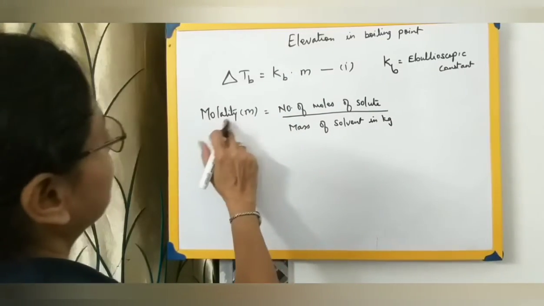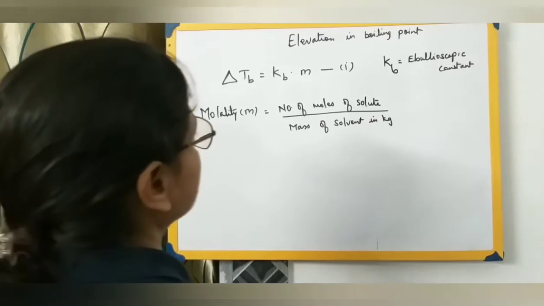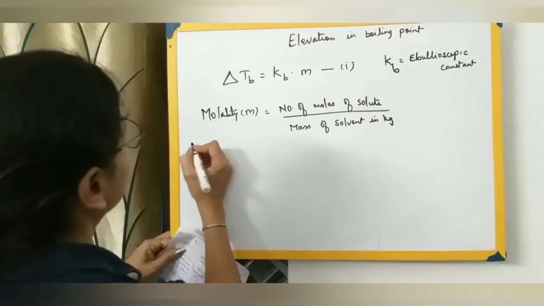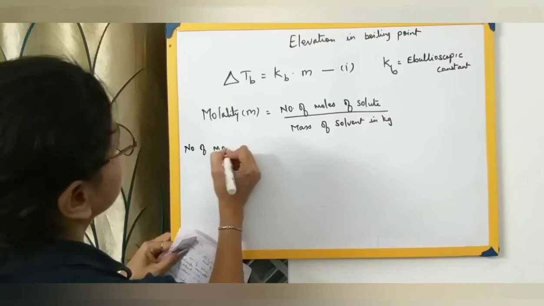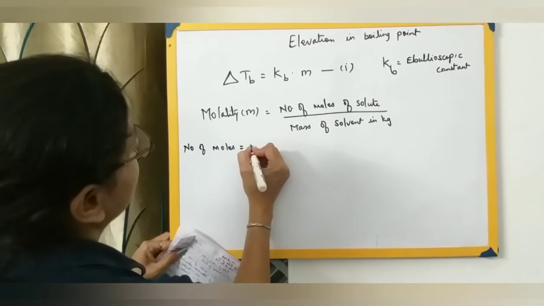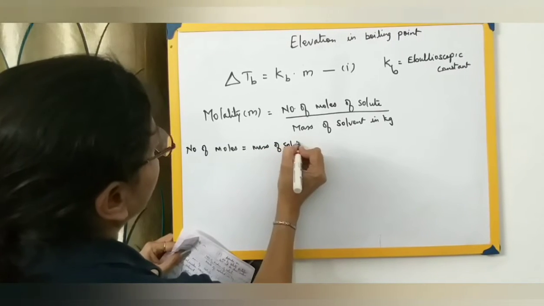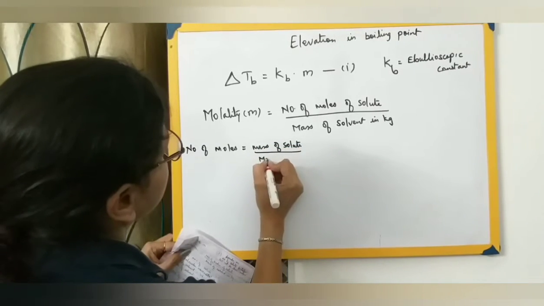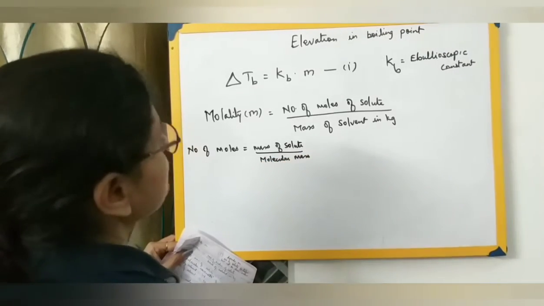Now look here, molality m is also given as the number of moles of the solute upon the mass of the solvent in kg. Let us first find the number of moles. Number of moles is equal to mass of solute upon molecular mass of solute.